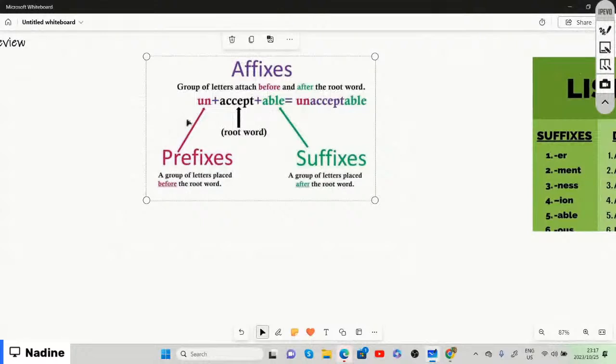Then we have the prefix, which is attached before, and then we have the suffix, which is added at the back. So we call that prefixes and suffixes.